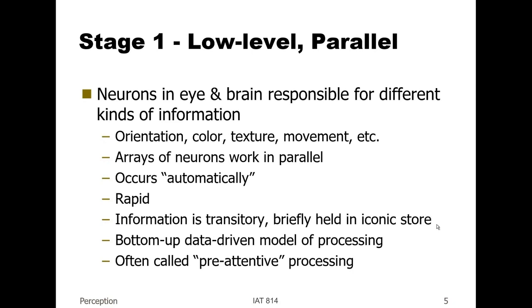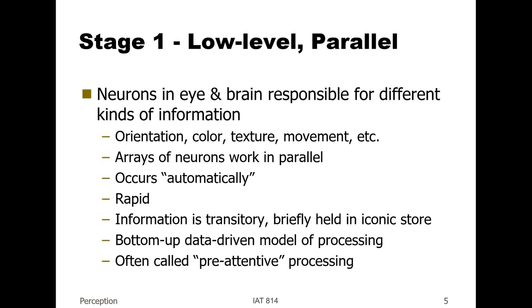And that iconic store is constantly being overwritten, probably 5 to 10 times a second as you look out in the world. Every time you look at something, if that scene changes, the preceding image, as it were, that was in your mind's eye is overwritten by the current scene.